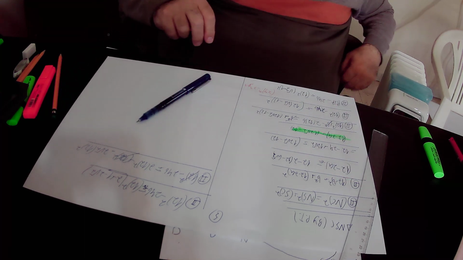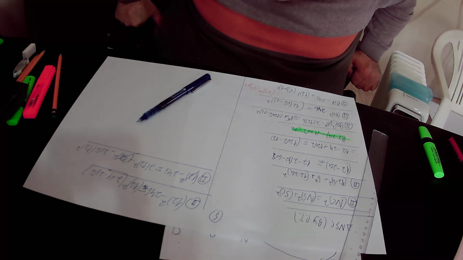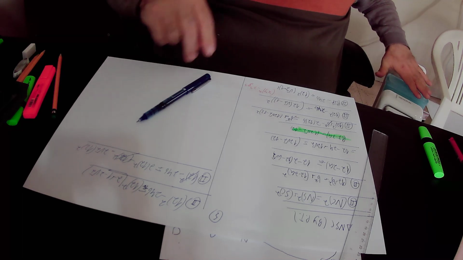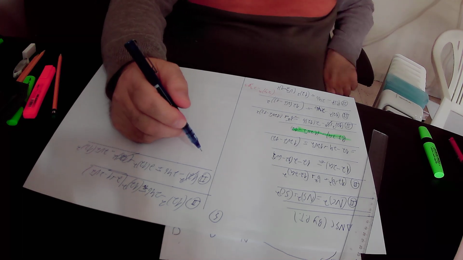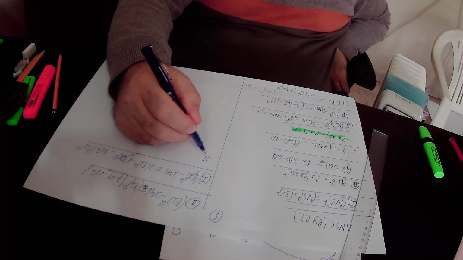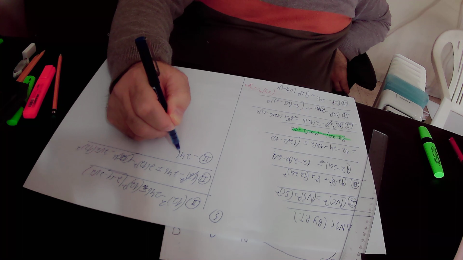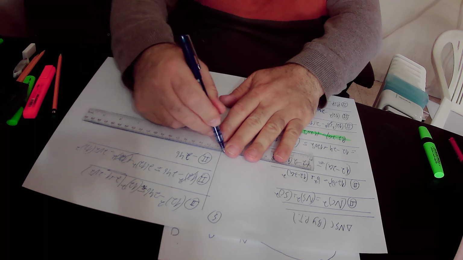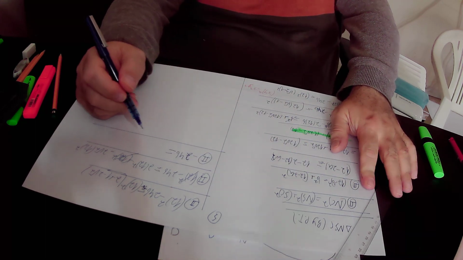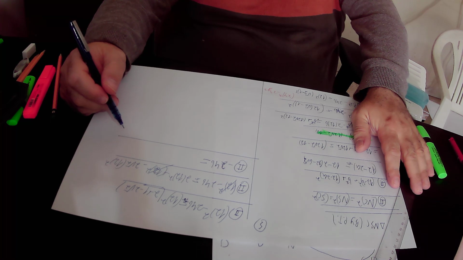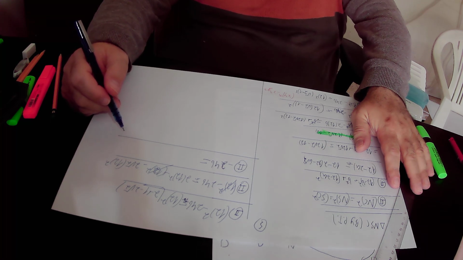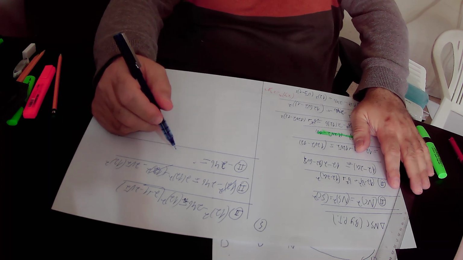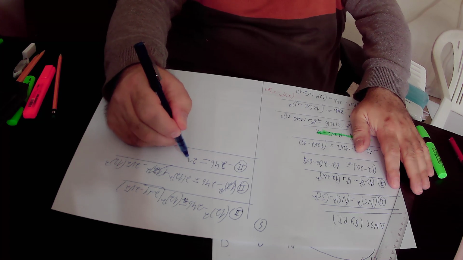What is left from equation number 2 after we cancel 12 squared is minus 24b on this side, equal to 2 times 12 squared, which is 144, and 144 times 2 is 288.